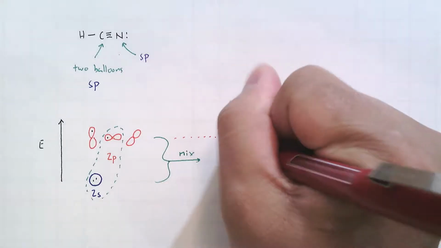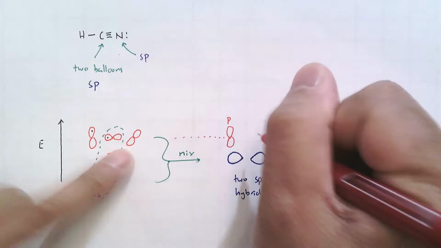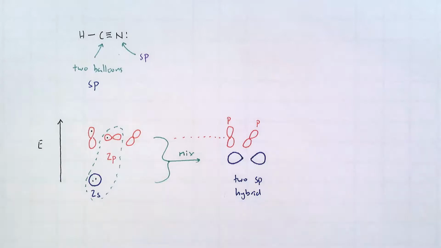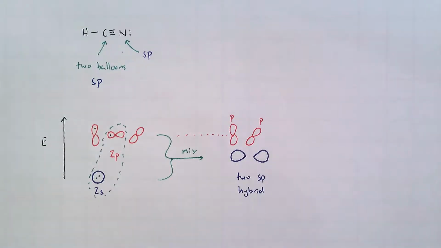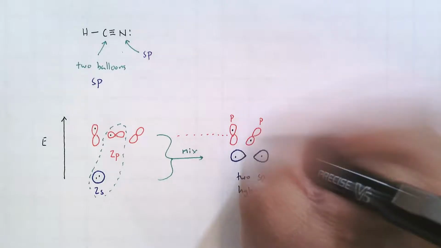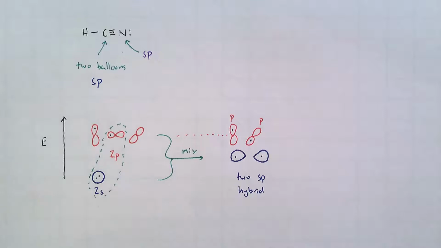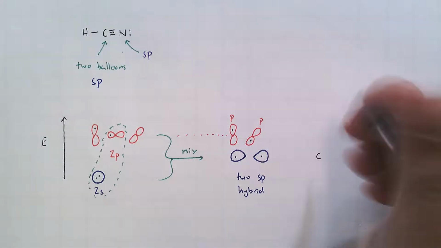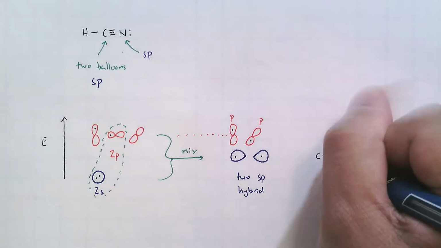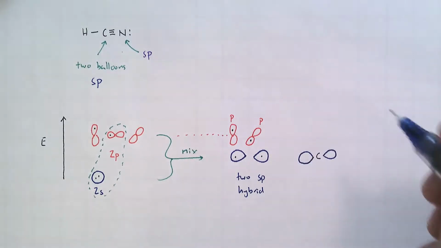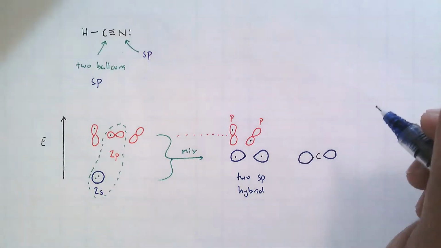So we have a p orbital here, and I chose this one to be unhybridized, and a p orbital here. If you use Hund's rule, 1, 2, 3, 4. 4 valence electrons, correct? All right, so we have a carbon, and you know that a molecule that has two balloons will go linear. We saw that for carbon dioxide right here.